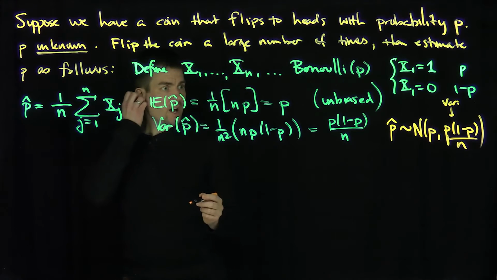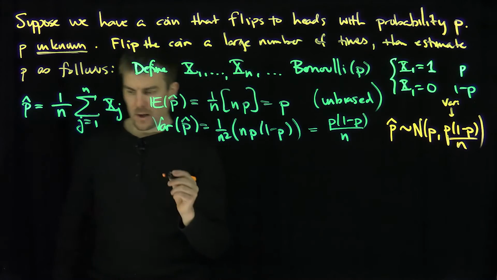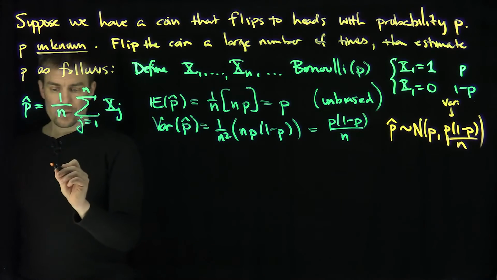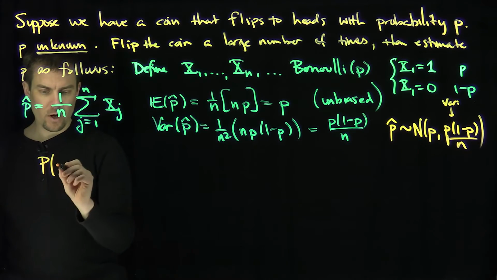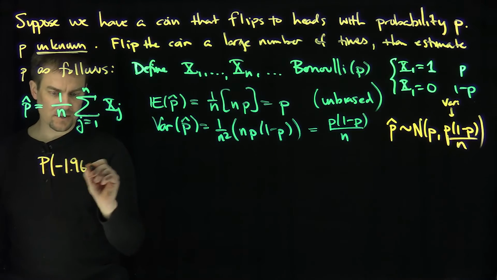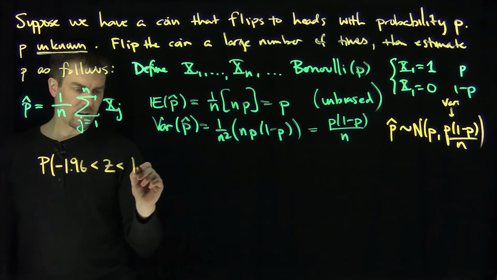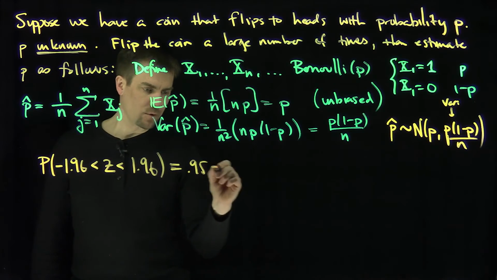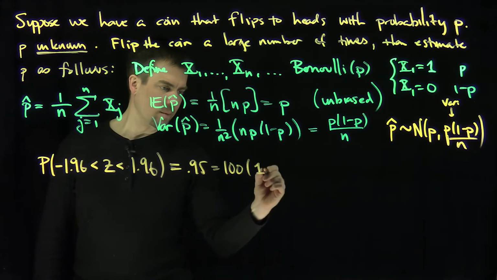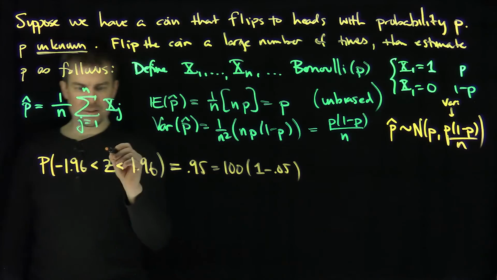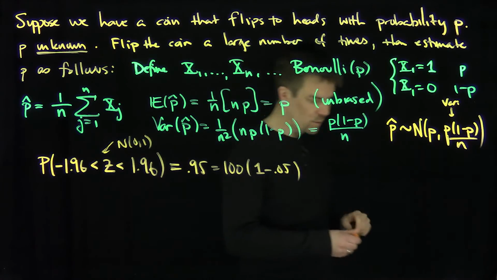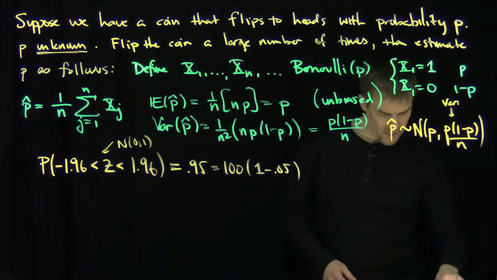And so now what can we do? If I want to find a 95% confidence interval, I'm going to use this normal approximation. We recall that the probability that negative 1.96 is less than the standard normal Z, which is normal 0, 1, and less than 1.96 is equal to 0.95, which is 100 times 1 minus 0.05. And so now we're in a good position.